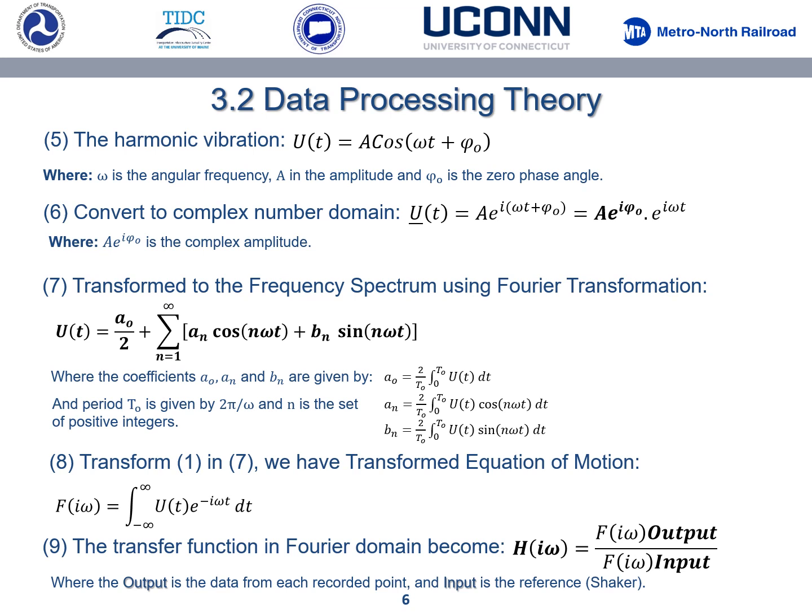The transfer function in the Fourier domain is represented in equation 9, where the input represents the excitation, in this case the reference from the shaker, and the output represents the individual sensor reading, which can be from accelerometers or the vibrometer.